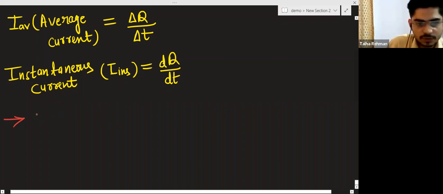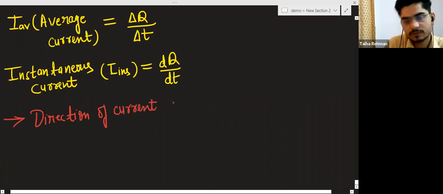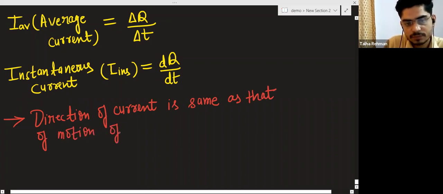The direction of current is the same as that of the motion of positive charge.